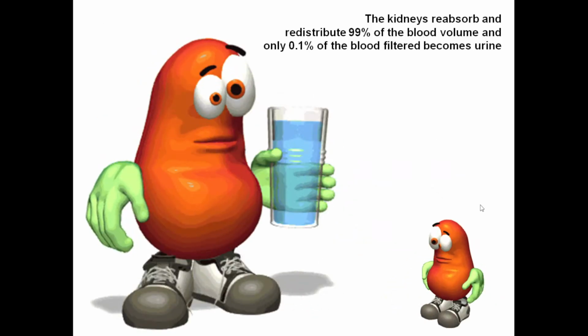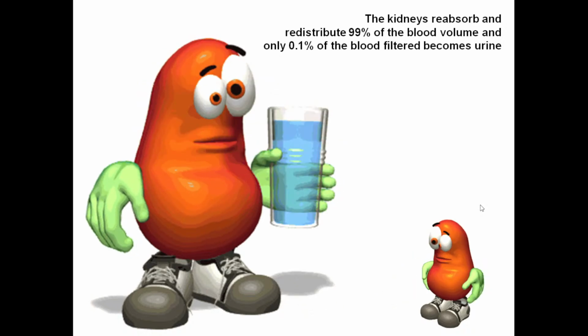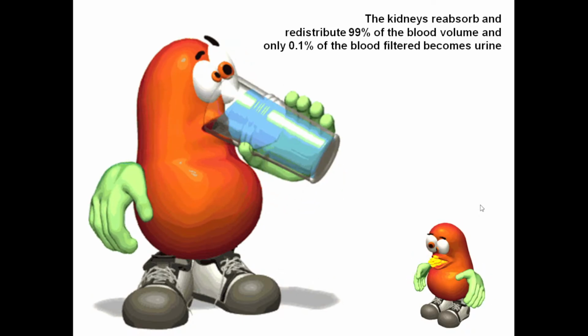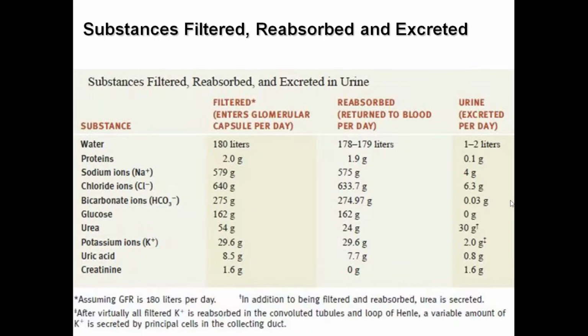So the second step of urine formation is reabsorption. Kidneys reabsorb and redistribute up to 99% of the filtered volume, and only about 1% of the blood filtered becomes urine. So here you can see the summary of major substances and how much of the substance will be filtered and how much of that substance will be reabsorbed, which gives you the amount which is excreted.